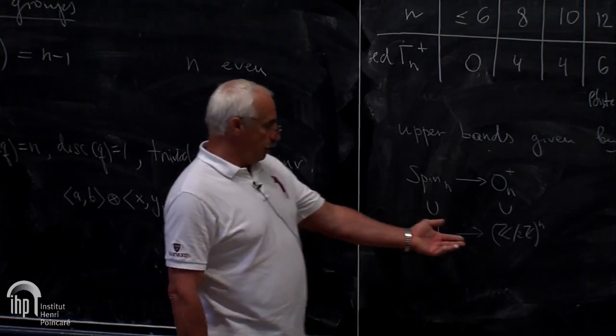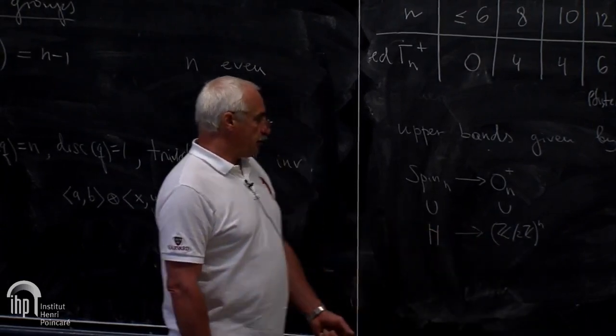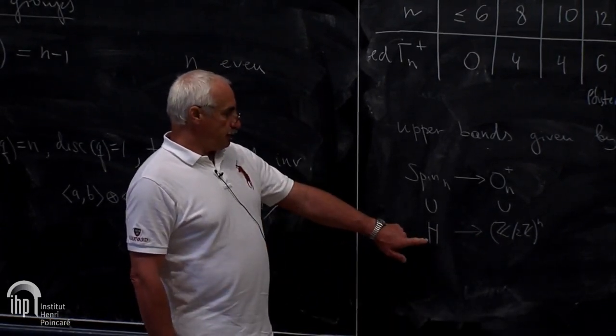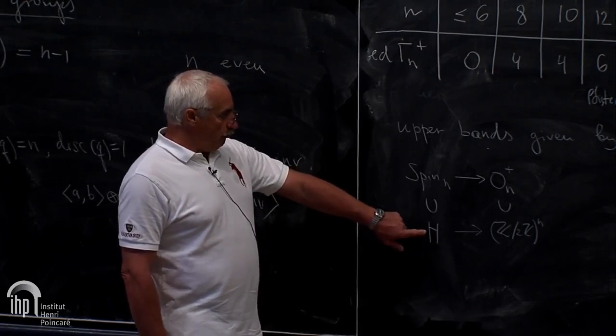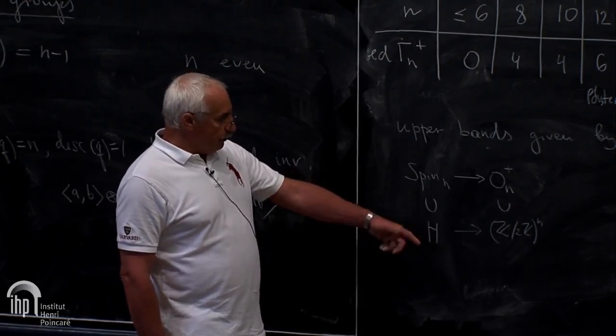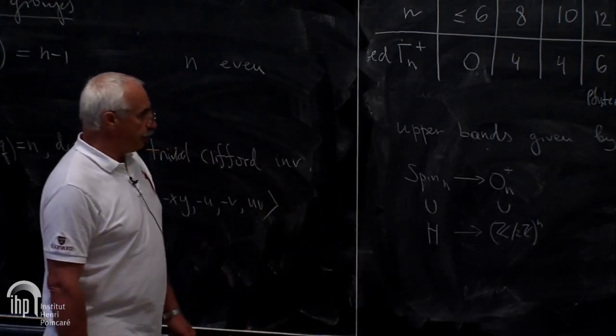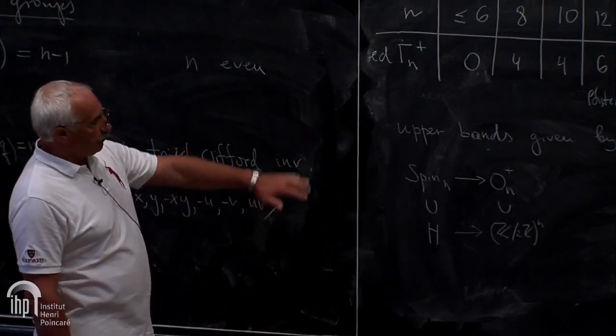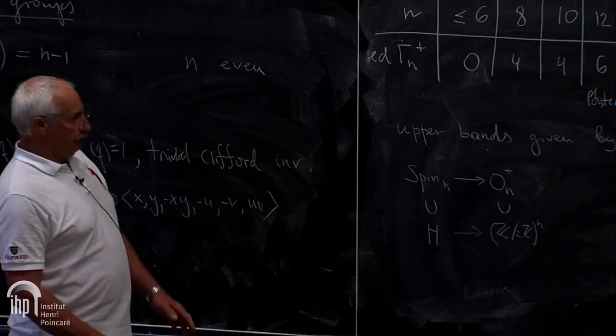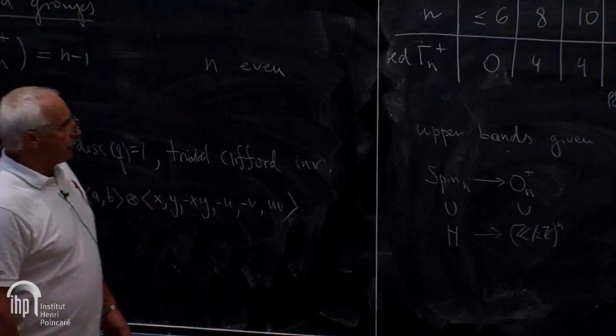This group has small faithful representations. And this group H has a minimal faithful representation that is very large, of dimension, again, a power of 2. And you can try to compare this upper and lower bound, and with some additional tricks, you get the precise value.